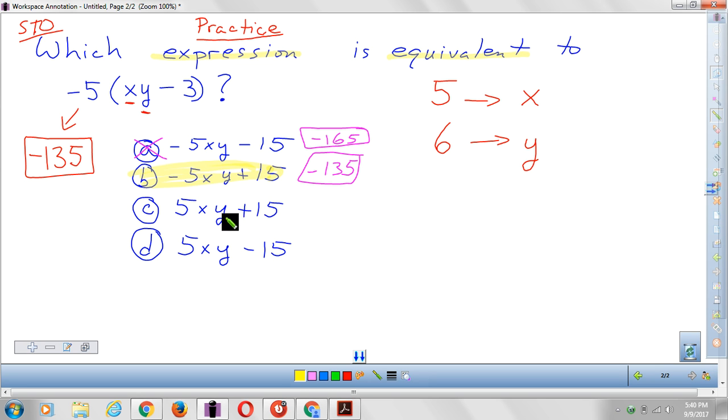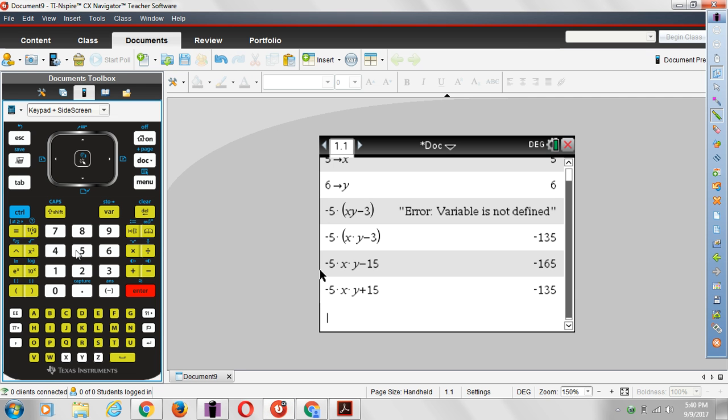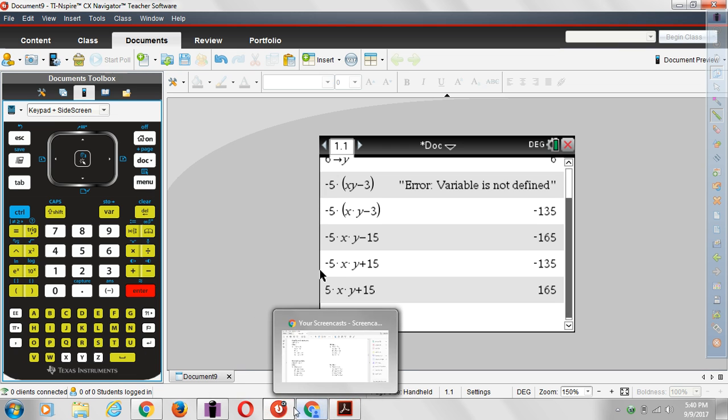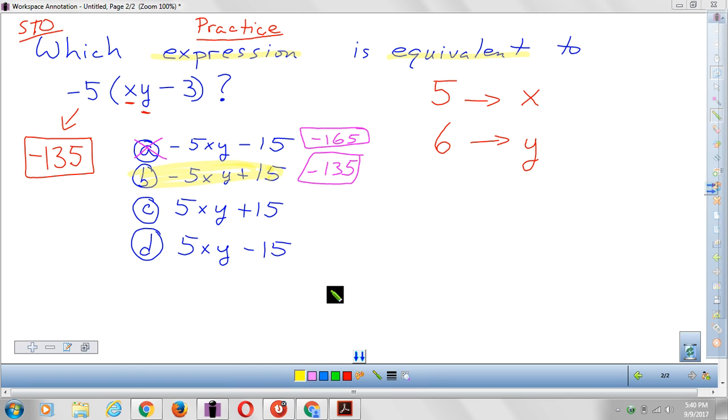So let's try 5 times xy plus 15. It's also good practice to avoid that error. 5xy plus 15. This one doesn't have the negative 5. There we go. Put the times, and 165. So 165 is not a good answer. It does not match up. So I have to put here 165.